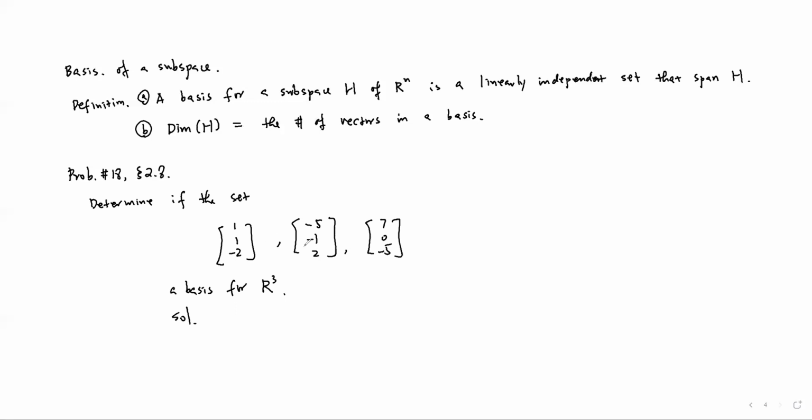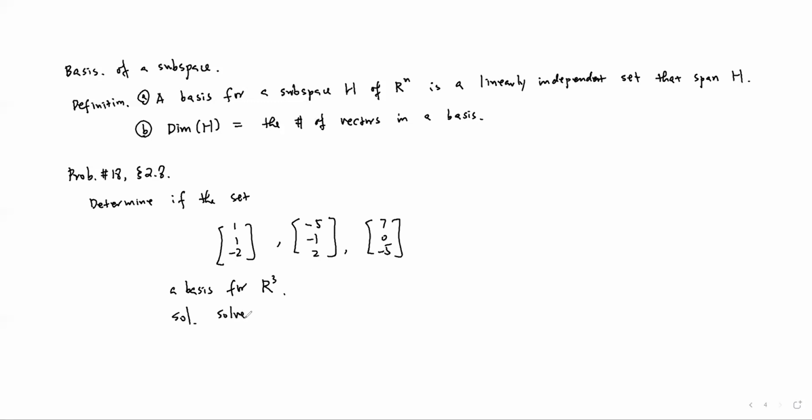The main point is whether these three vectors are linearly independent. If linearly independent, then because R3 is a three-dimensional space, each basis has three vectors. So if these three vectors are linearly independent, they form a basis. How to show they are linearly independent?